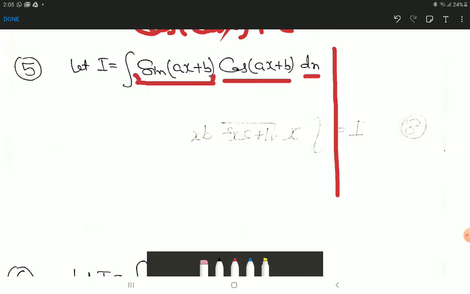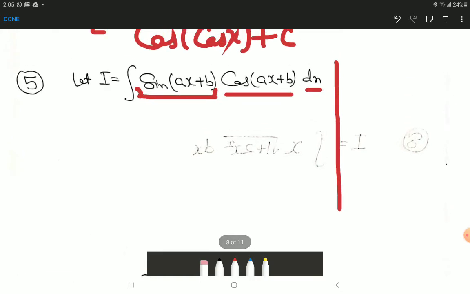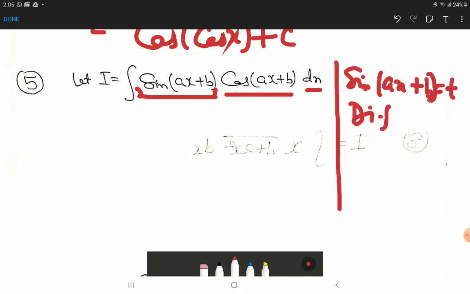So let sine of ax plus b be equal to t. Differentiate it. The derivative of sine x is cos x.